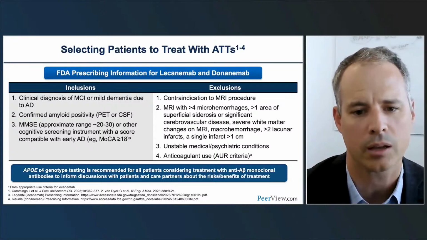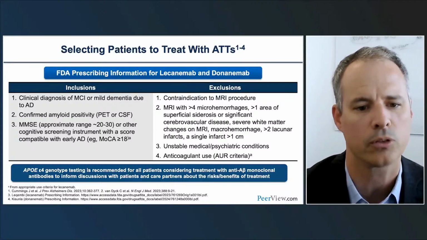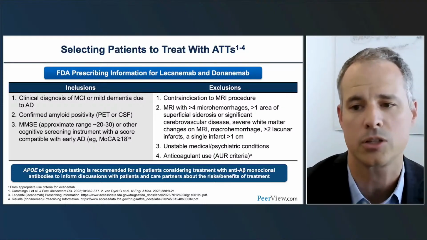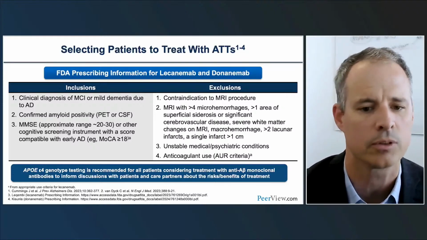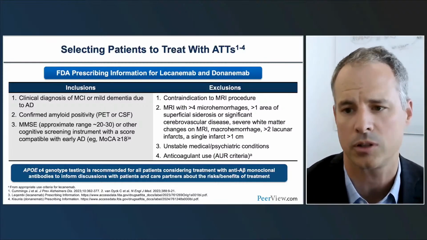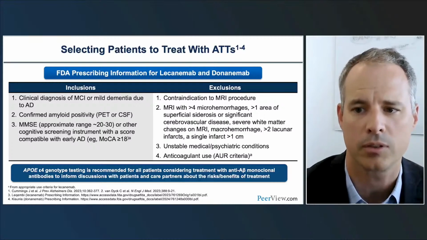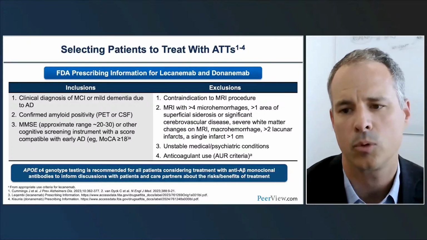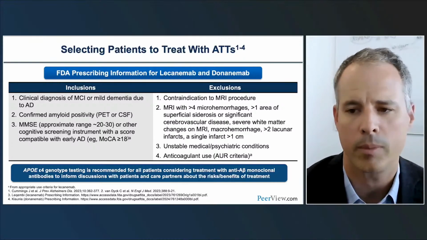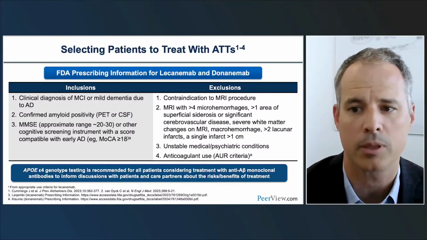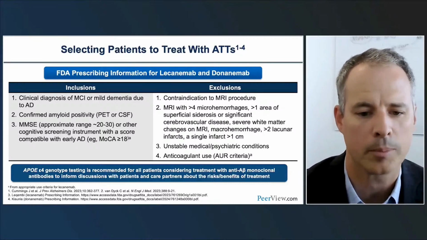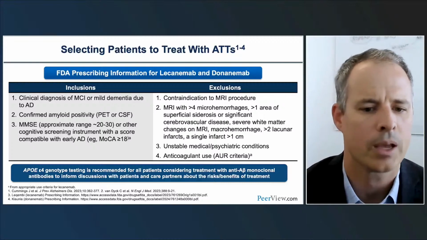And things like an area of superficial siderosis, or significant cerebral vascular disease, severe white matter changes on MRI, which is somewhat subjective, more than 2 lacunar infarcts, or a single infarct larger than a centimeter. So evidence of sort of active or pretty severe vascular disease, or cerebral amyloid angiopathy, which portends a bad risk for ARIA. Also, people with unstable medical and psychiatric conditions.